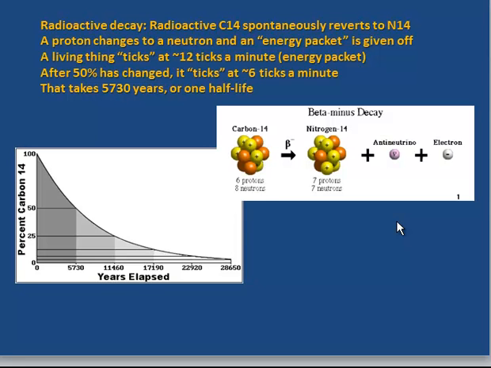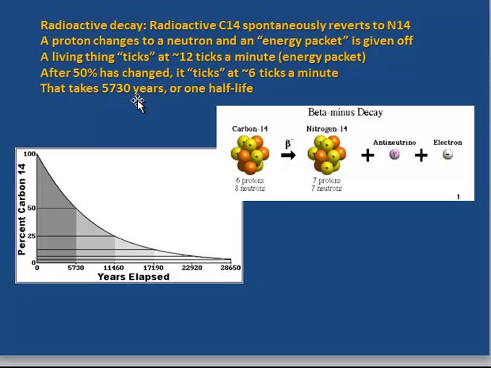If I held that same Geiger counter up to me or my dog Sammy, 12 ticks a minute. That begins to wind down after the organism dies, and so when 50% of it has changed, it's going to tick, of course, at 6 ticks a minute.